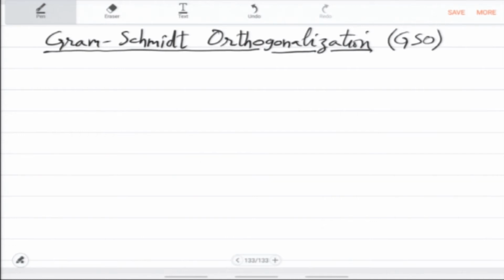So we'll call it GSO. This is just an extension of the picture we saw. The first vector we'll call B1, B1 star, and then for the other vectors we'll subtract the projections.